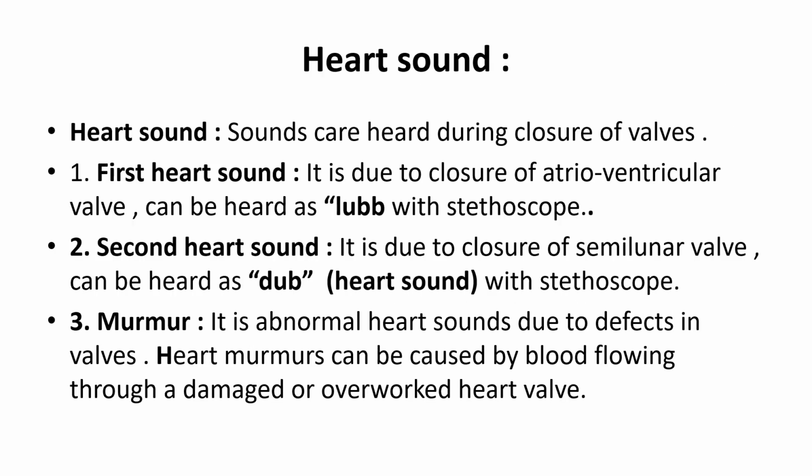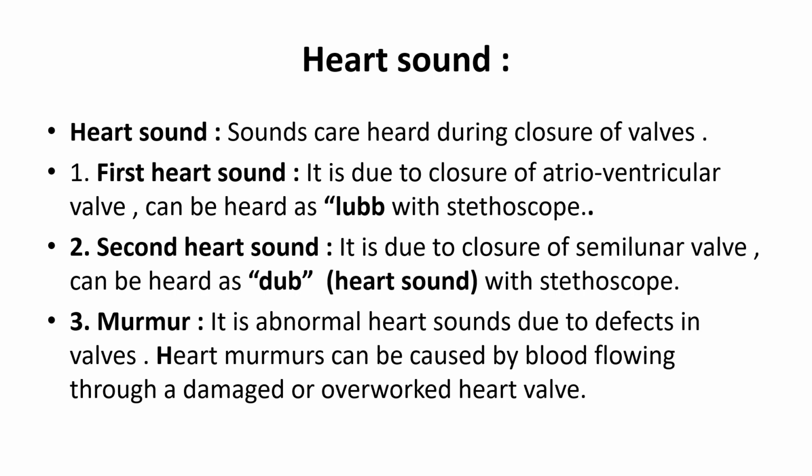Sounds are produced because of the closure of the valves, that is the atrioventricular and semilunar valves. These are called heart sounds, and they are mainly two: the first heart sound and the second heart sound. The first heart sound is due to closure of the atrioventricular valves, and it is heard as the lub, L-U-B-B, with the stethoscope.